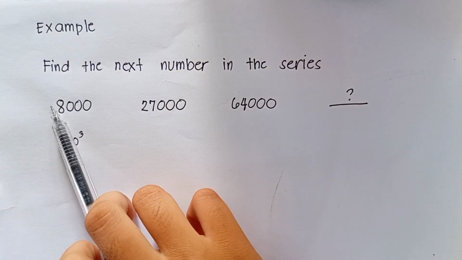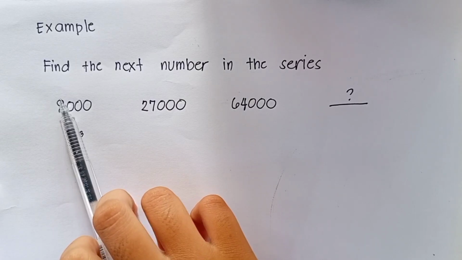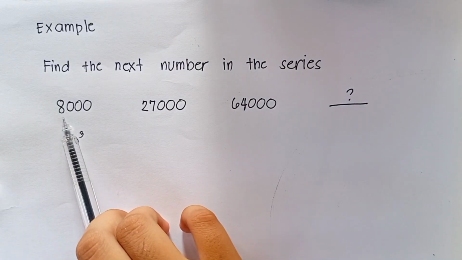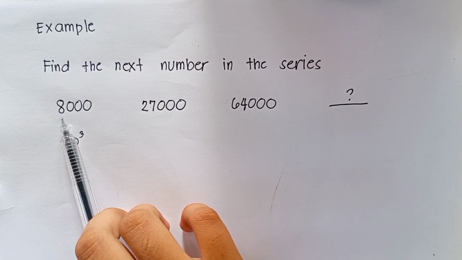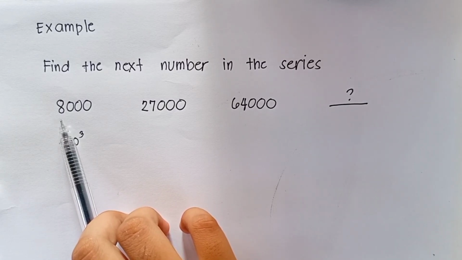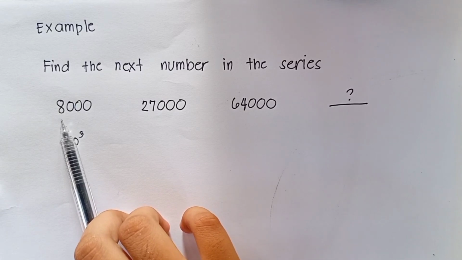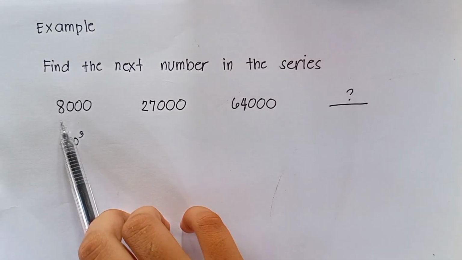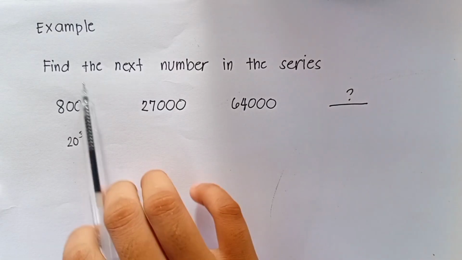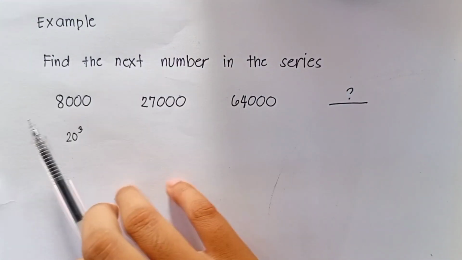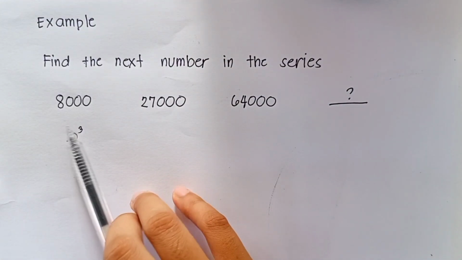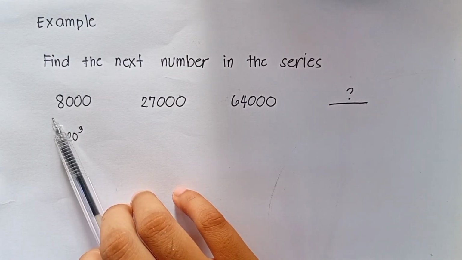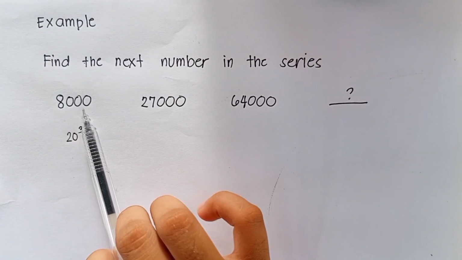For example, find the next number in the series: 8,000, 27,000, 64,000, and unknown. So let's find the next number in the series. Now to solve the problem, let us first start with the first term, which is 8,000. The first thing we do is focus on the first digit of the number.